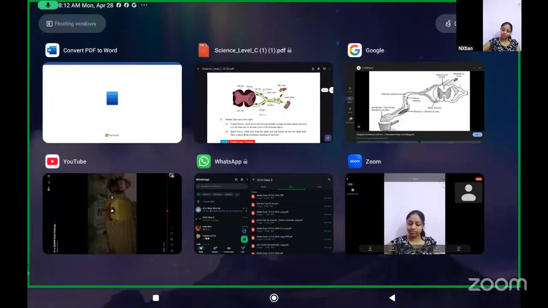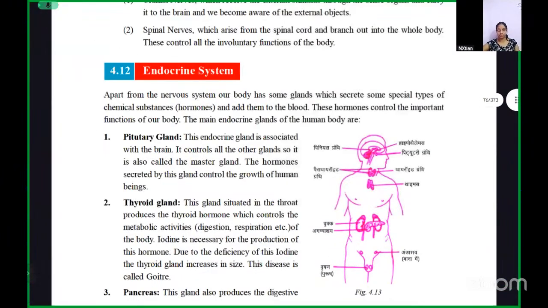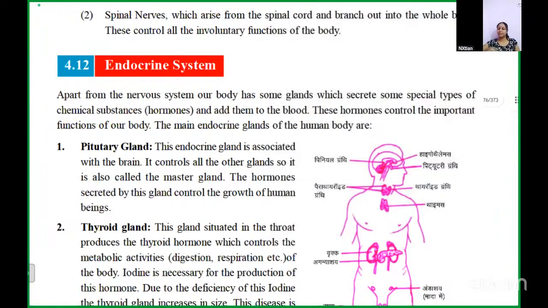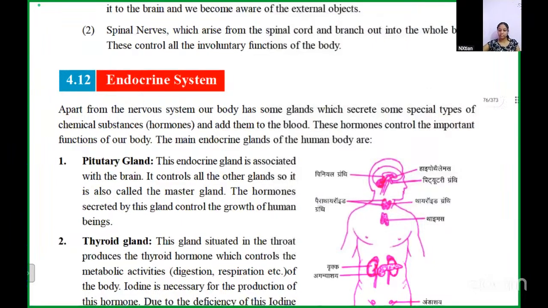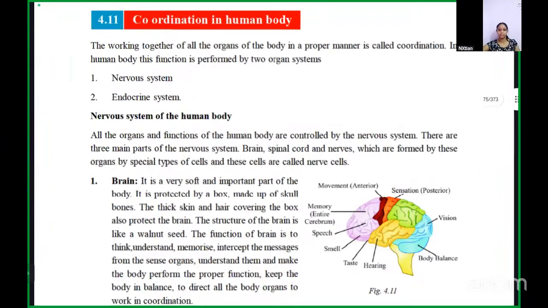Next up, we have the endocrine system. Any questions about the nervous system? Any doubts? No, ma'am. Okay. Three components are there in the nervous system: the brain, the spinal cord, and the nerves. Nerves are of two types: spinal nerves and cranial nerves.